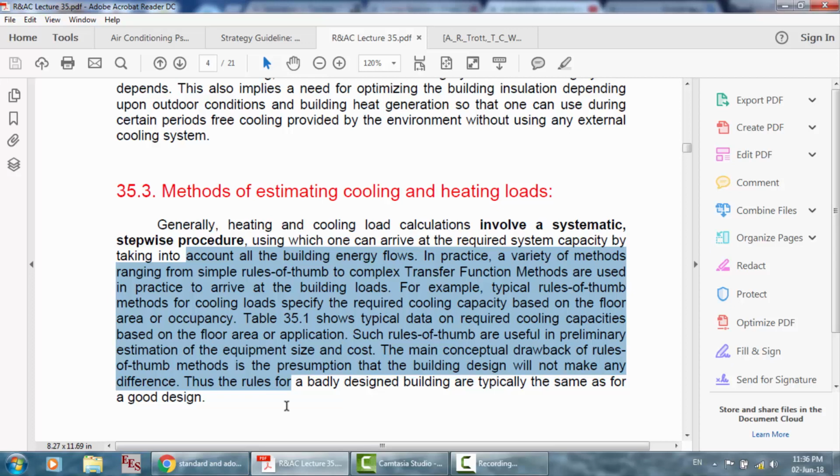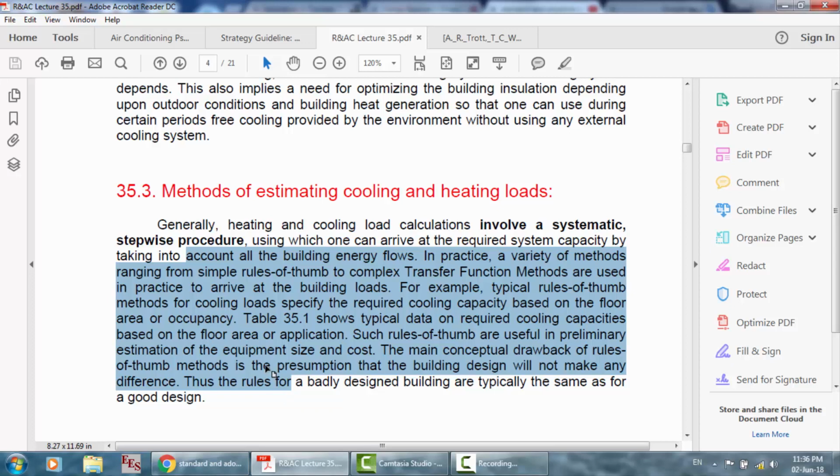For example, typical rules of thumb methods for cooling loads specify the required cooling capacity based on the floor area or occupancy. Table 35.1 shows the typical data on required cooling capacities based on the floor area or application. Such rules of thumb are useful in preliminary estimation of the equipment size and cost.